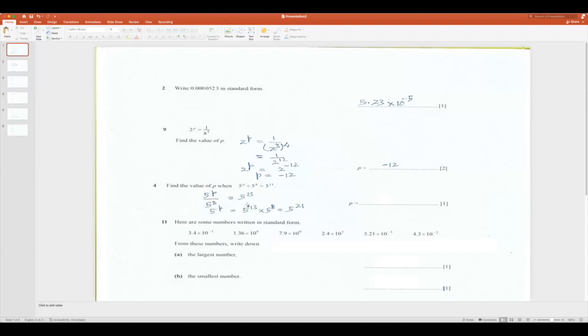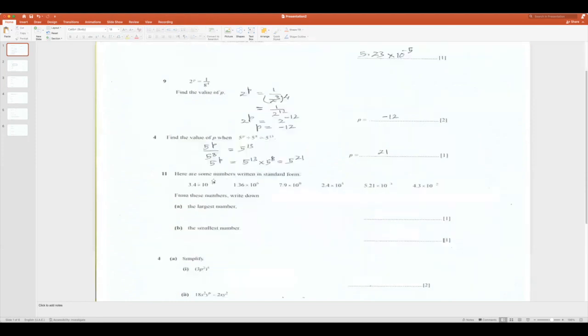When the multiplication is happening, these powers adding. So 13 plus 8 equals 21. So 5 to the power p equals 5 to the power 21. Then p equals 21.